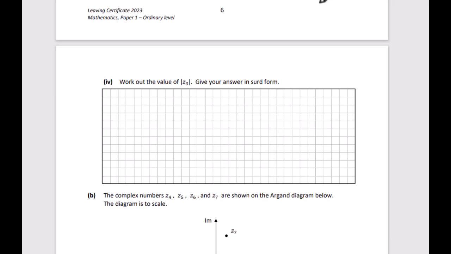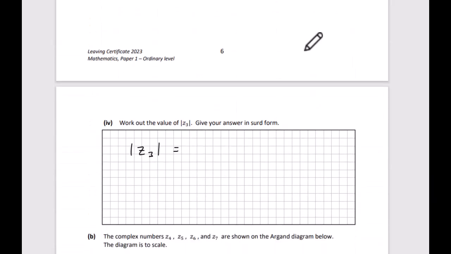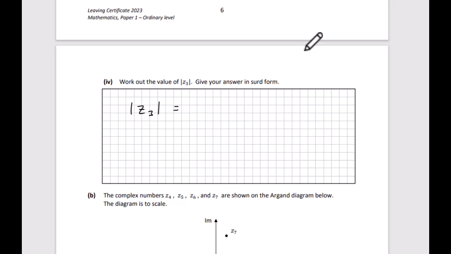Is there another part? Yes. Find the value of the modulus of Z3. And these two lines just mean the modulus of Z3. So remember, Z3 is 6 minus 2i. We've got to find the modulus. The modulus is the square root of a squared plus b squared. The 6 is the a, plus b squared.